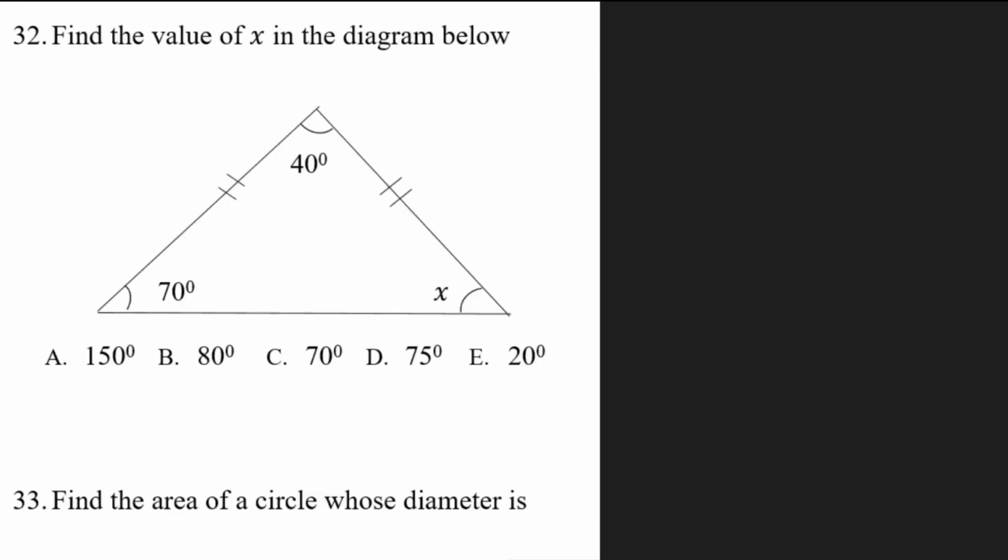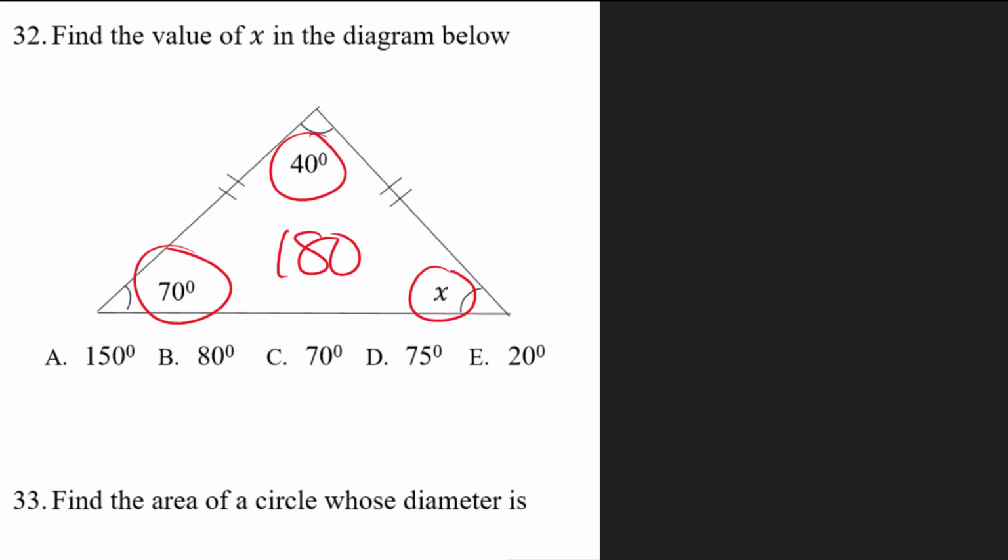Question 32 says, find the value of x in the diagram. Where is the x? Here is the x that we're going to find. So remember that the sum of angles in a triangle is 180. That is, if you add this angle plus this angle and plus this, we should be able to have 180 degrees, right?